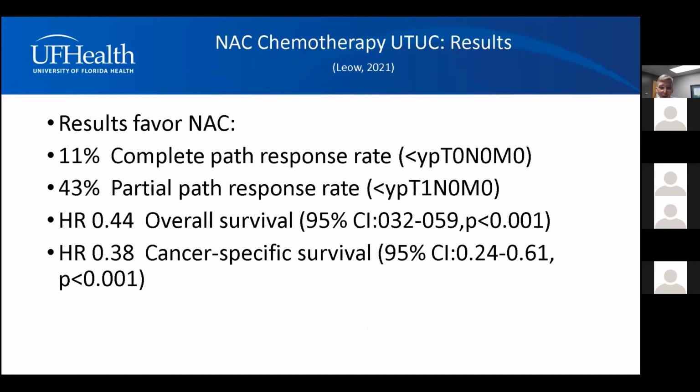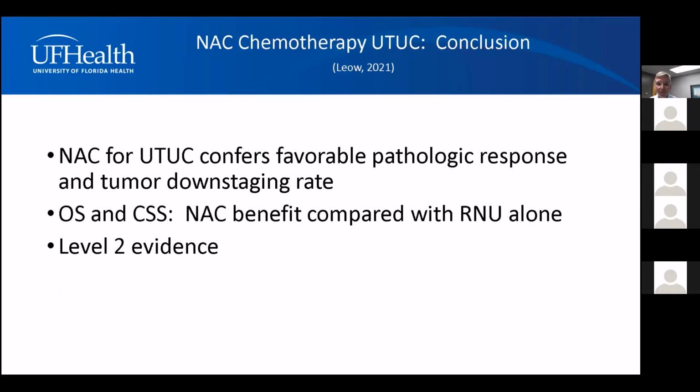In conclusion, this study favored the neoadjuvant chemotherapy. There was an 11% complete pathologic response rate, 43% partial response rate, and the overall survival hazard ratios of 0.4 and 0.3 are significant. So this shows the benefits of therapy in these patients.